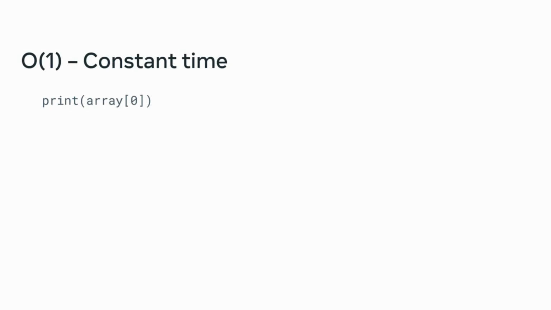You make use of a constant time algorithm where it takes O of 1 time to compute. Put simply, it means that no matter what is entered into a system, it will only take one computation. A simple example to illustrate this is to consider printing the first item in an array. In this instance, no matter how many values exist in the array, the approach has a big O of 1.